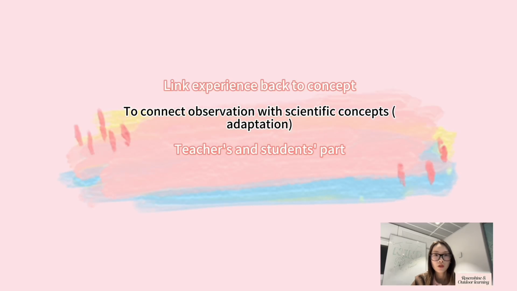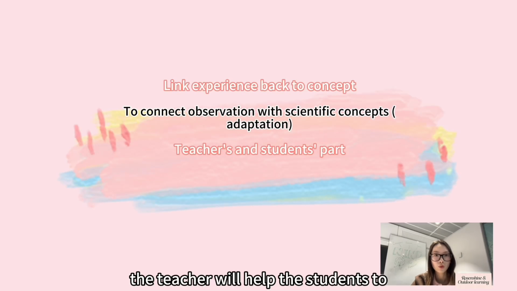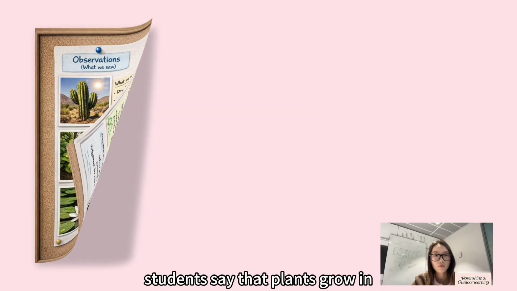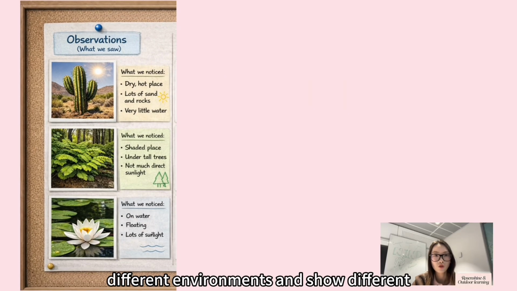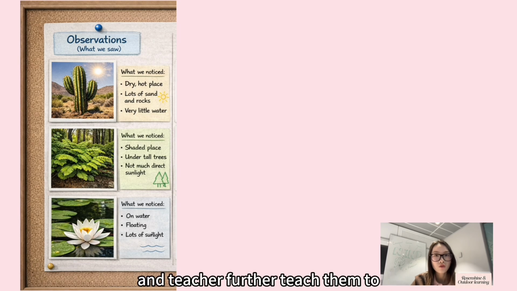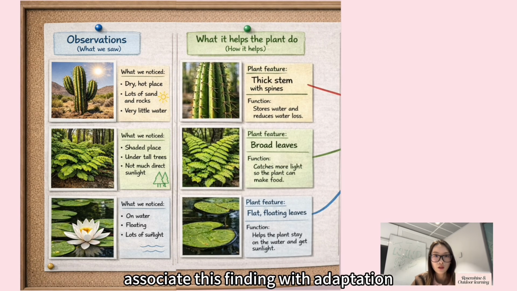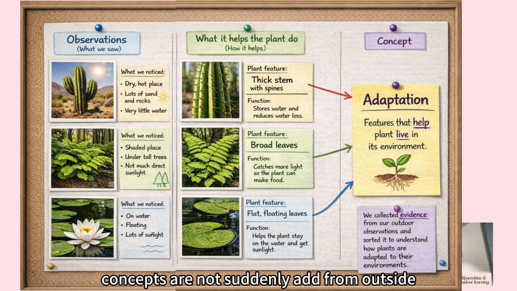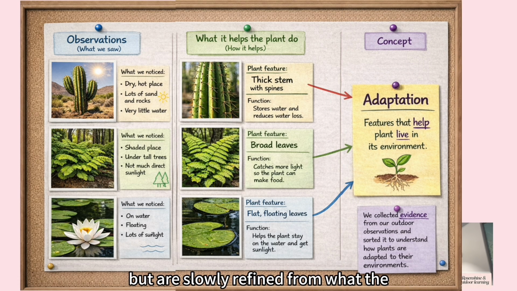In this step, the teacher will help the students turn the outdoor observation into a clear conceptual understanding. For example, students say that plants grow in different environments and show different features, and the teacher further teaches them to associate this finding with adaptation, habitats, and survival. In this way, concepts are not suddenly added from outside, but are slowly refined from what the students have already seen and discussed.